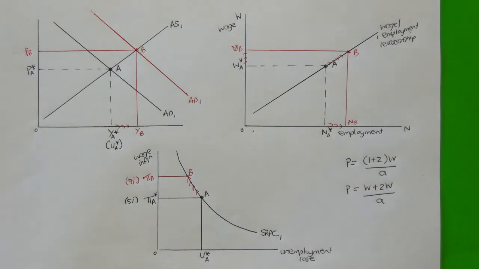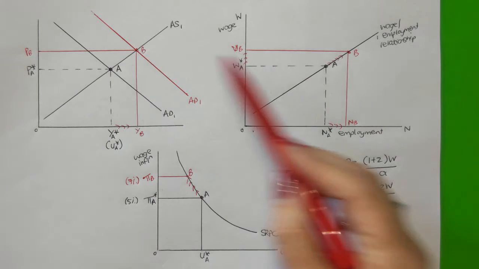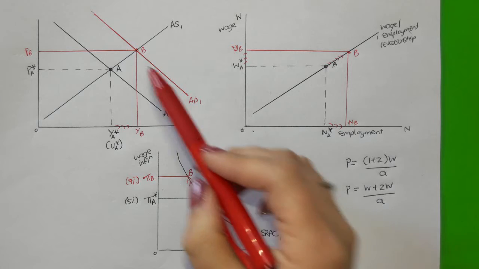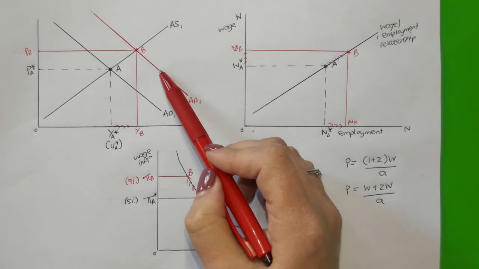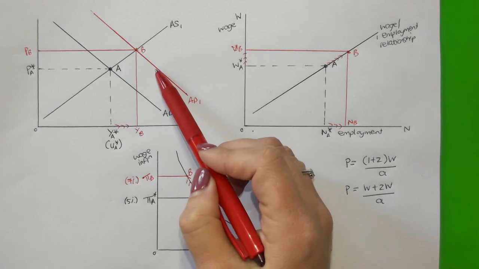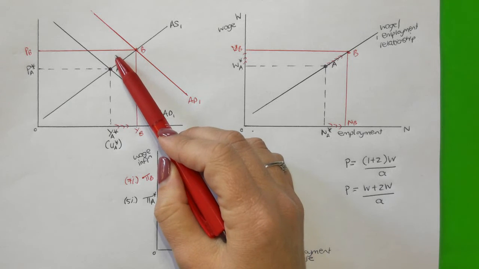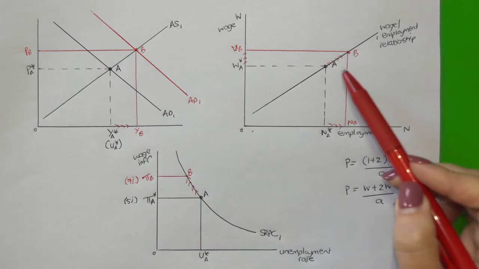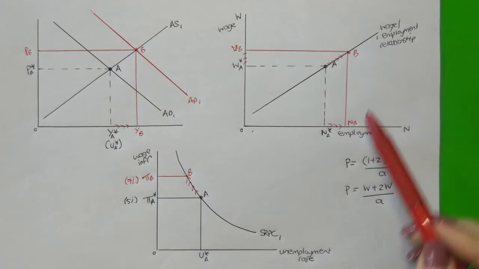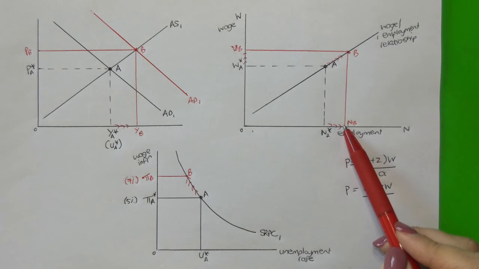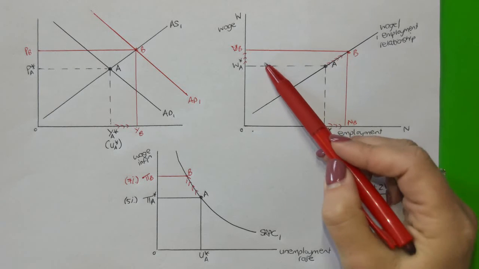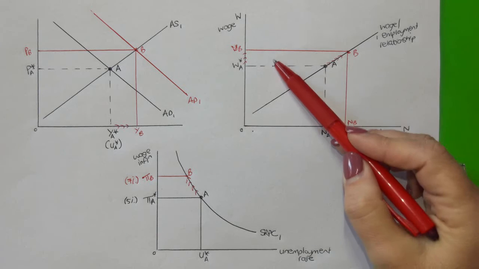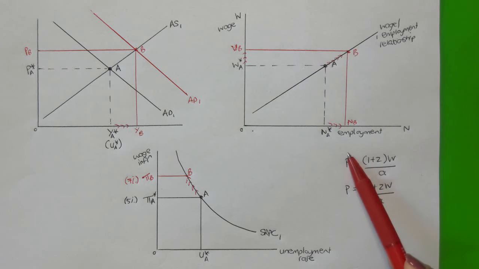Okay, so that's quite a lot going on, so I'll quickly recap. Starting from a point of equilibrium, there is an increase in the demand for goods and services. Excess demand puts upward pressure on prices, because in order for firms to be able to expand production, employment needs to increase. Employment can only increase if wages increase, and when wages increase, that directly affects the price level in the economy.